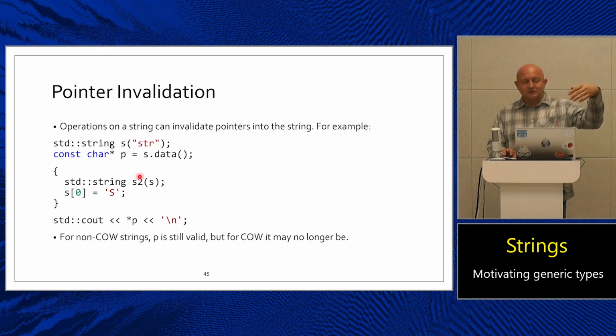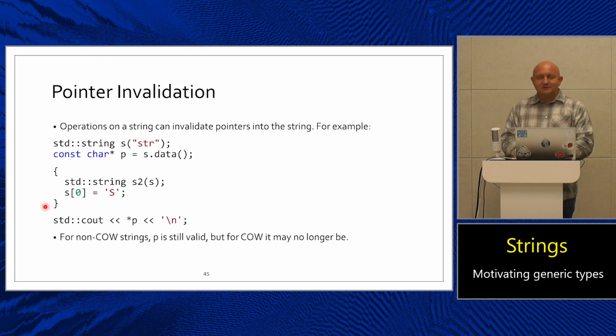Next we have S2 sharing the buffer with S, and then we're unsharing S's buffer, and P is now pointing to nowhere because S2's lifetime ends here. And now P is dangling. This cannot happen with a regular non-COW string. We changed one character in the string, and your pointer inside the string was invalidated. This is unexpected and unpleasant.